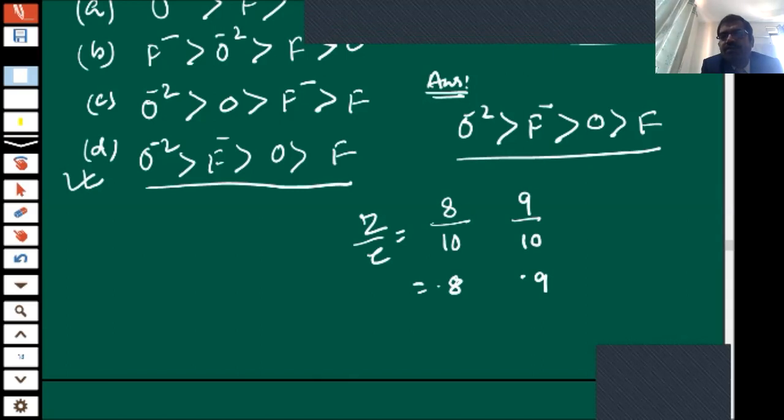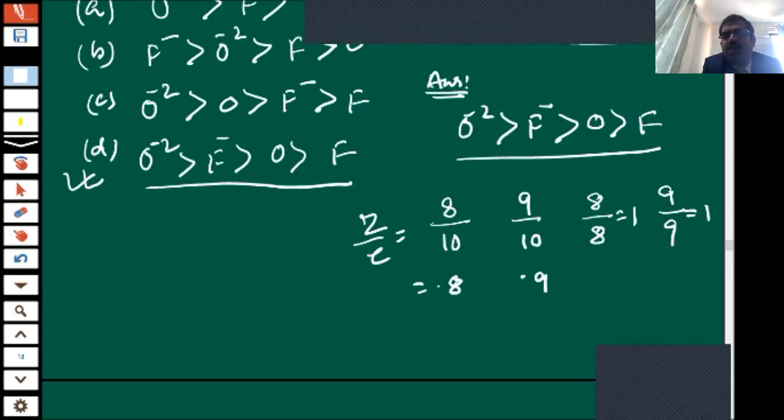Oxygen is having how many electrons? 8. Electron 8, so it is 1. Here 9 Z value and electron is also 9, so this is 1.